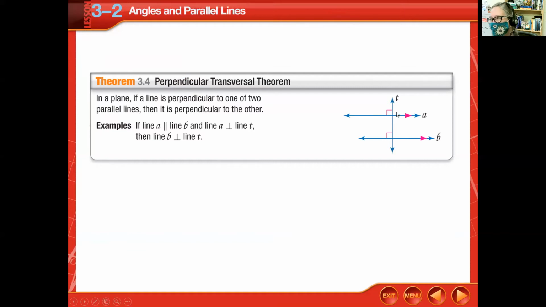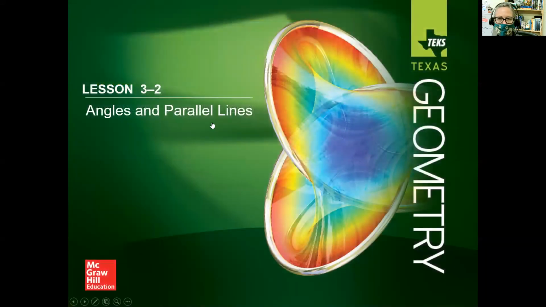So if line A is perpendicular to line T, and you also know that line A is parallel to this other line, then now you know that line T is perpendicular to line B. A lot of geometry is like that. You're like, well, of course it is, because of the way that they are. But it might come in handy to know that, so I thought I would let you know.